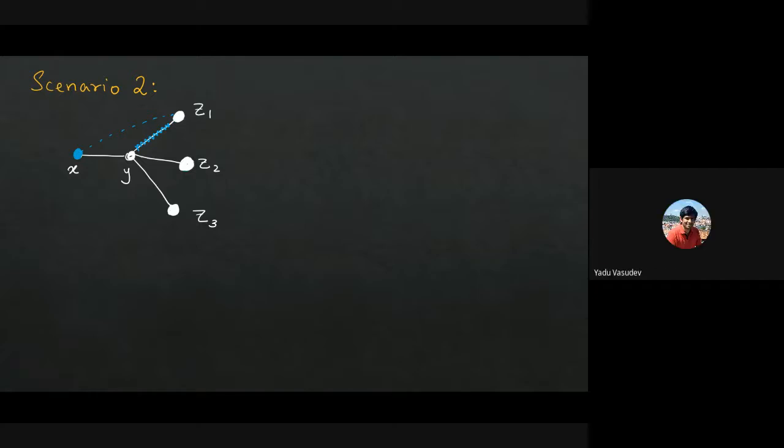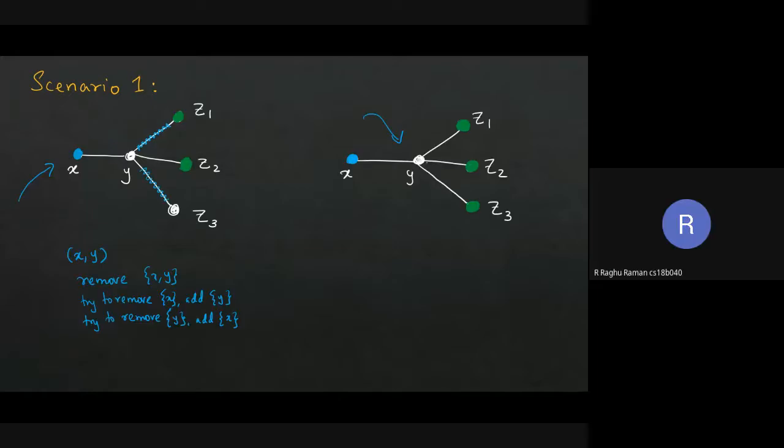Which scenario? In scenario one, like you consider y, z3, but now z3 is also a neighbor of x. Okay. And now if you remove y and add z3, in the xt case it can be added, but in the yt case, because x is a neighbor of z3, you cannot add it. Right?